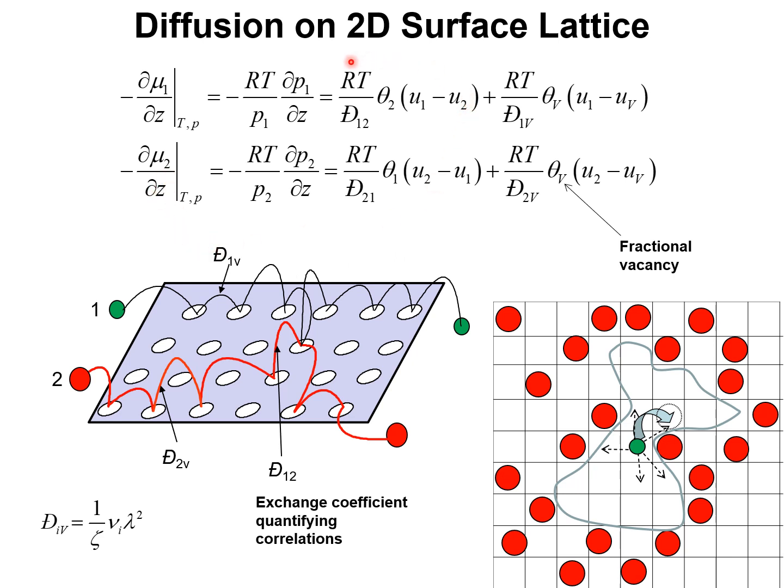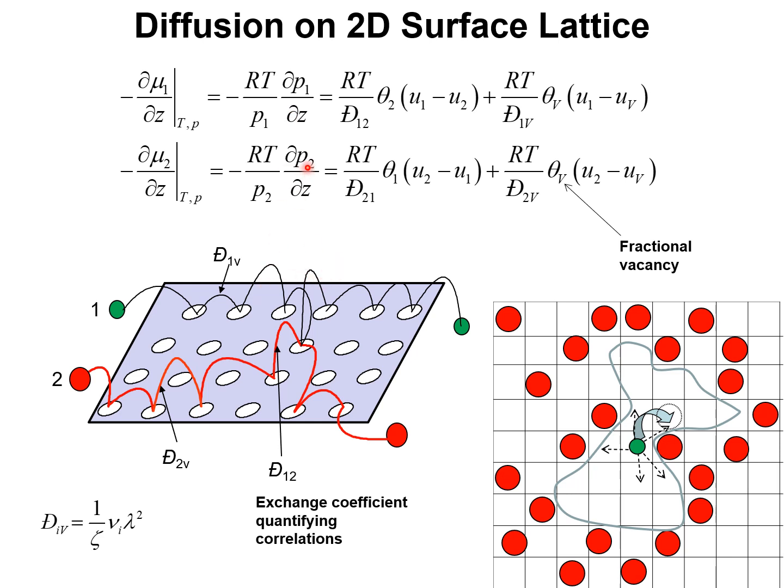So this contribution to the frictional term is also called the slowing down term due to correlation effects. The force acting on each of these species is the gradient of the chemical potential, and that can be written in terms of the gradients in the partial pressures in the bulk gas phase.